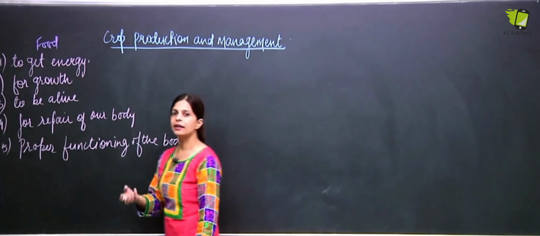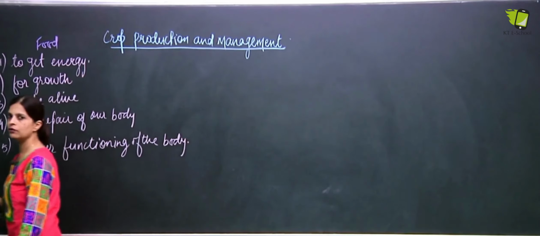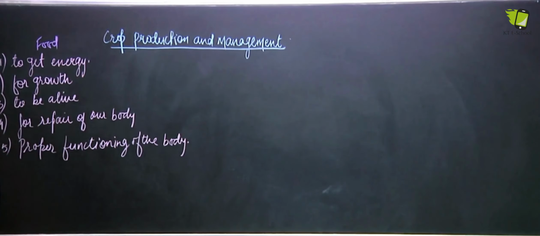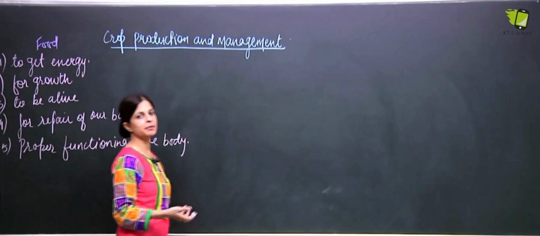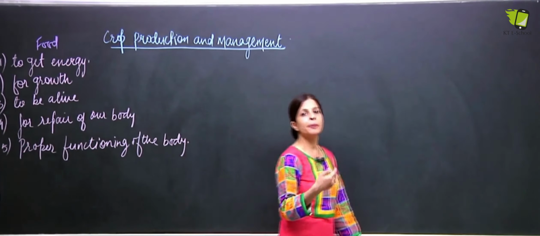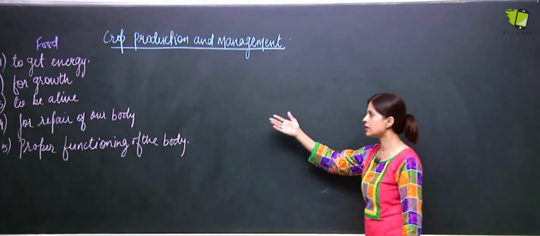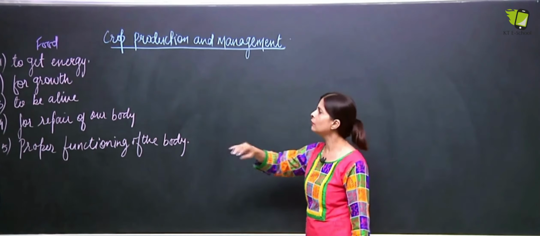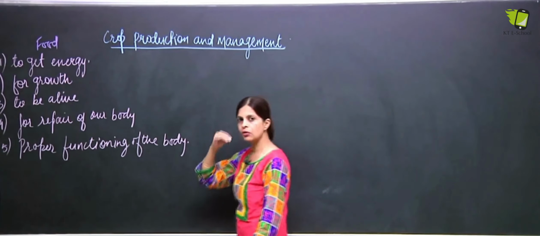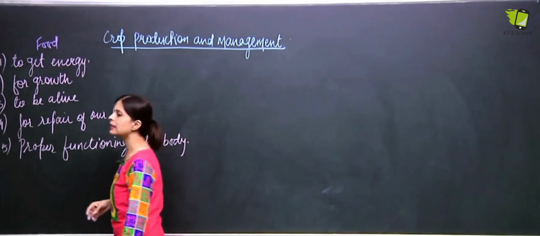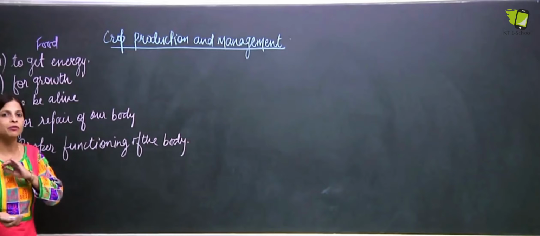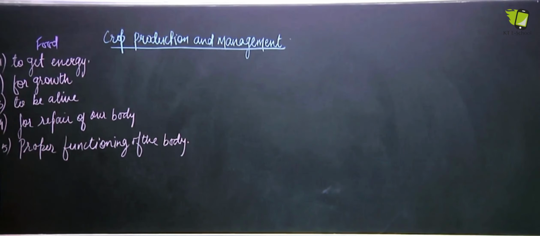Again, when we have food, when we have proper energy, then only the various processes of our body can take place. Maybe respiration, growth, excretion, the circulation of your blood, nothing can function smoothly unless we have food.